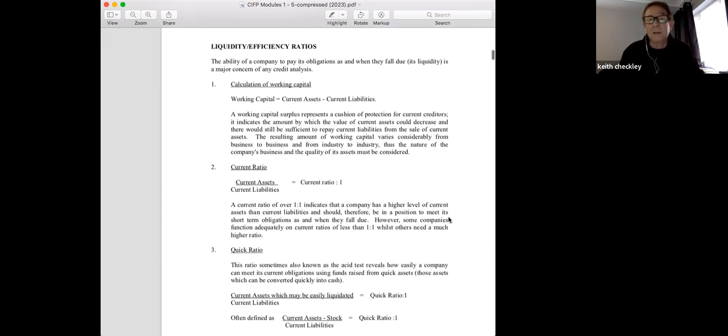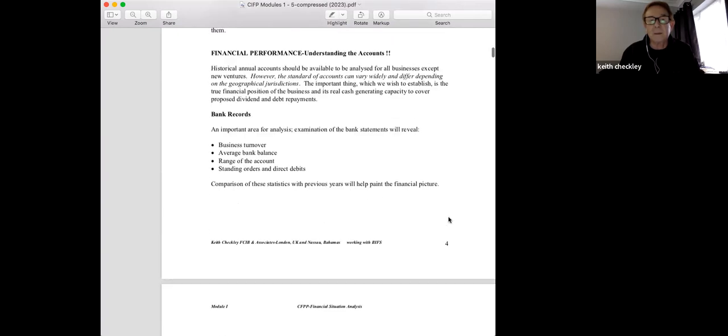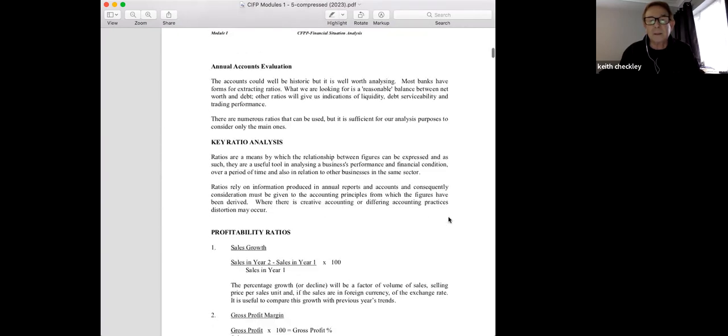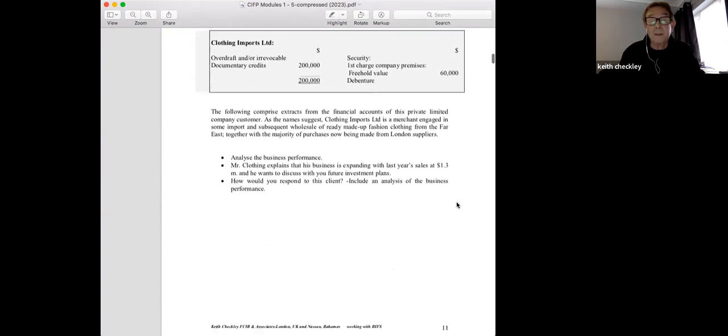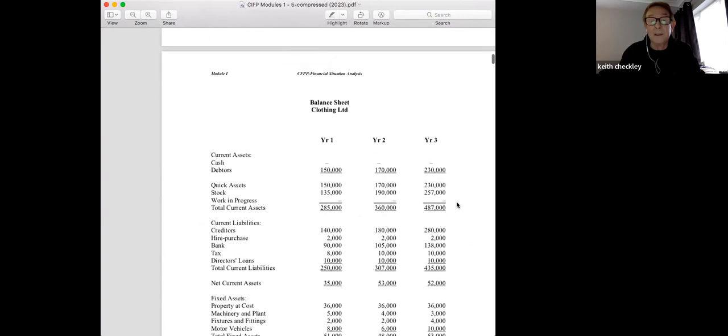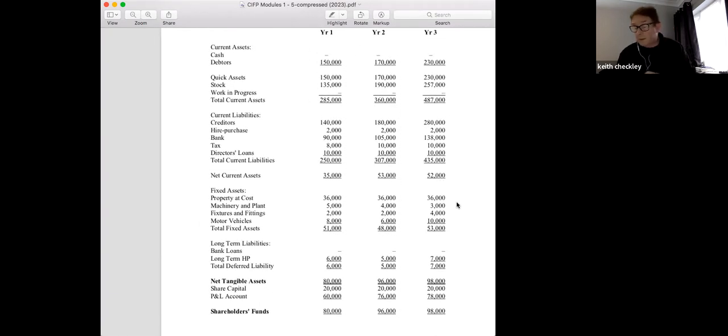So working capital, I need to flick back to the case study. Here we are, clothing imports, case study, balance sheet, year 1. This comes straight from the balance sheet, as do the other 2 ratios in this liquidity section. So we've got working capital equals current assets minus current liabilities.